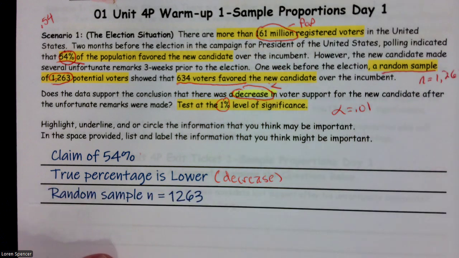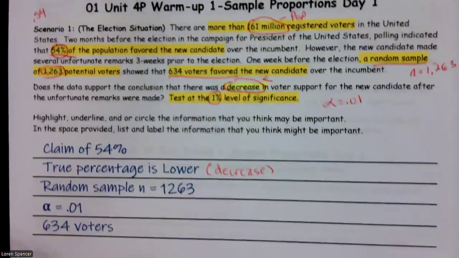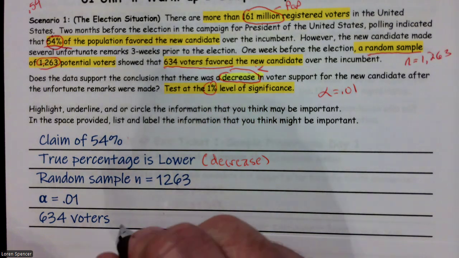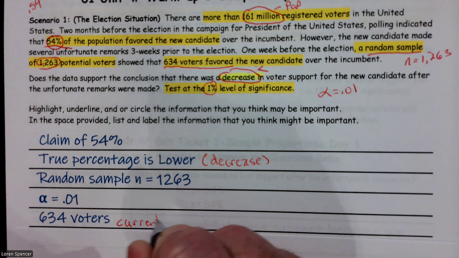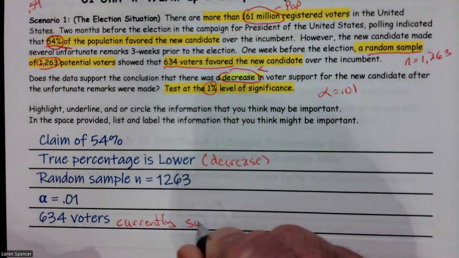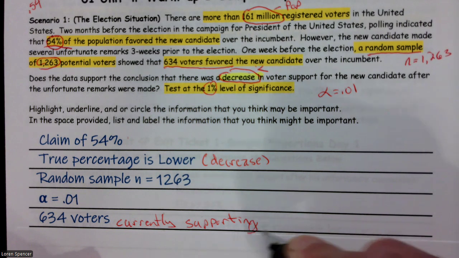We have a random sample of 1,263. Alpha is 0.01. We said all of that. And we have 634 voters currently supporting the candidate, and that's after the unfortunate remarks.